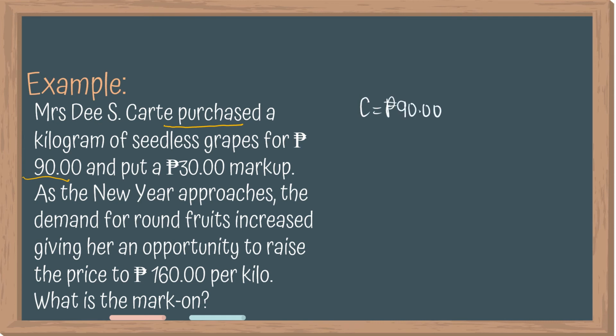Next, we have 30 pesos markup. With this one, it is specified that the markup is 30 pesos. Next, we have increased the price to 160 pesos per kilo. Since there is an increase in the price, we can say that 160 pesos is the new selling price of the product.